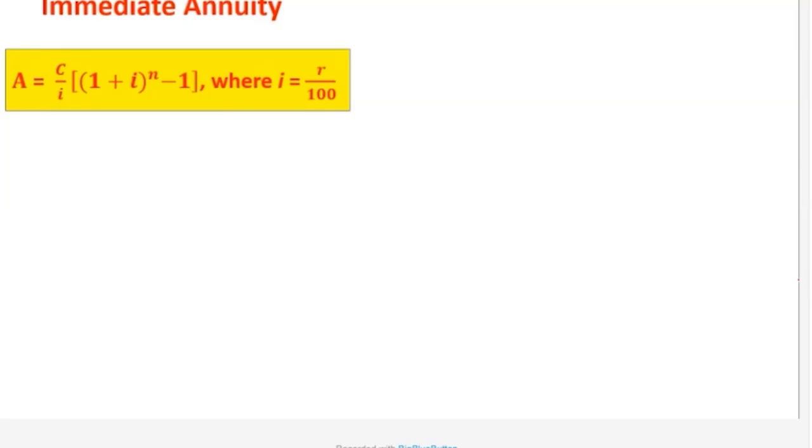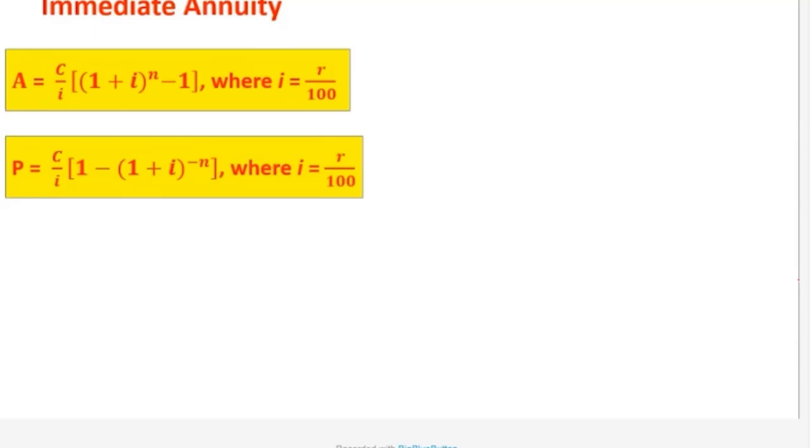Present value is equal to C upon I, square bracket open, 1 minus (1 plus I) raised to minus n. Then next, 1 upon P minus 1 upon A is equal to I upon C.